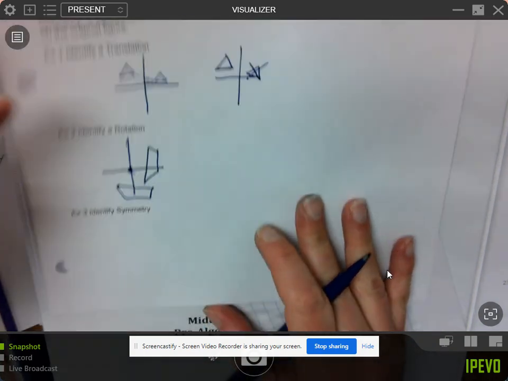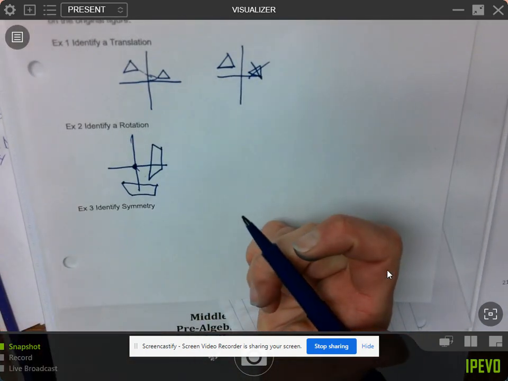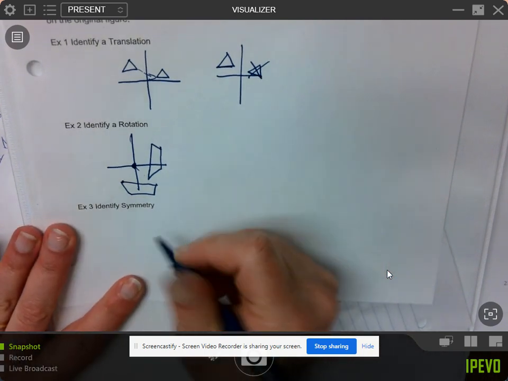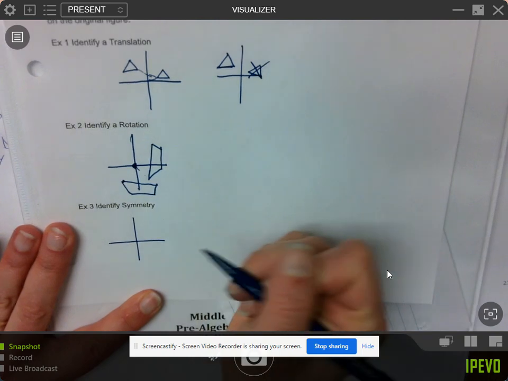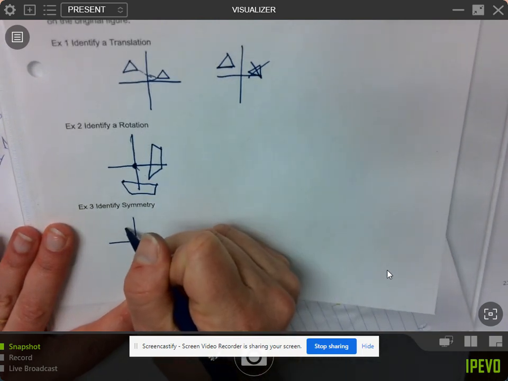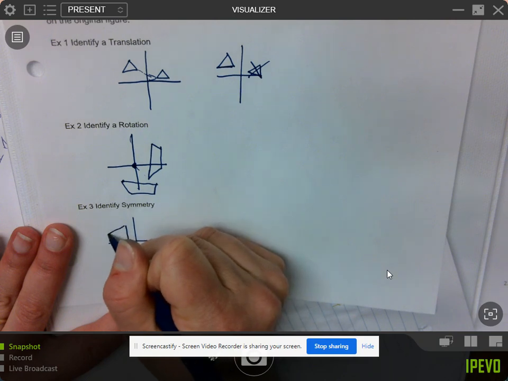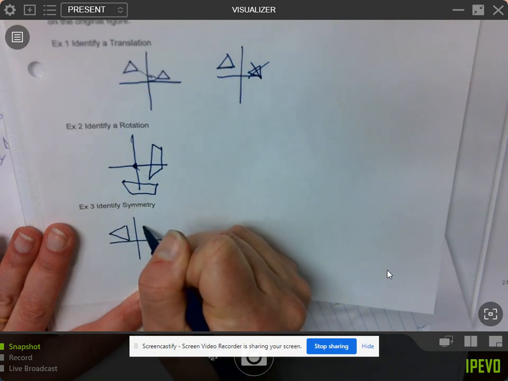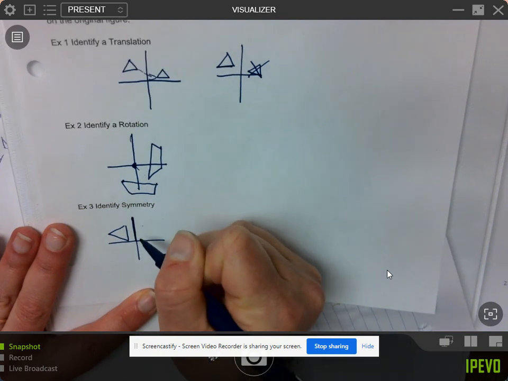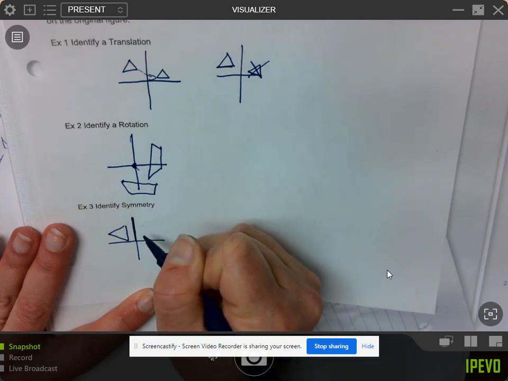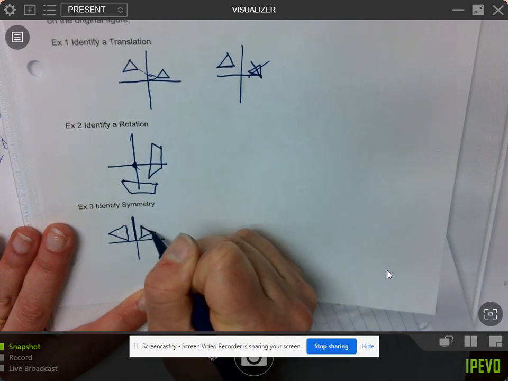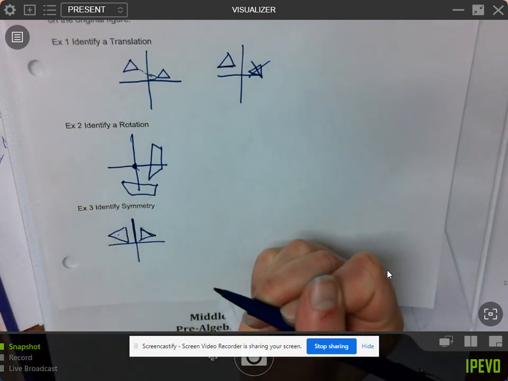And then symmetry. Symmetry means we are flipping it. So if we had our triangle looking like that, and if we're going to use that y-axis as our line of reflection, it's going to flip like that.